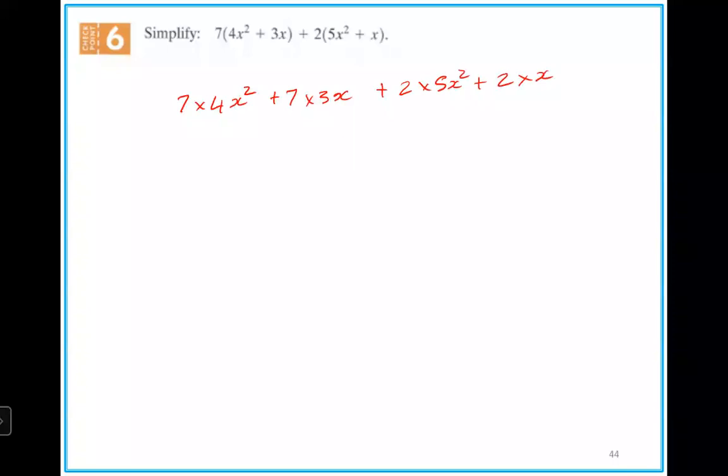Okay, so let's now do the multiplications. 28x squared plus 21x plus 10x squared plus 2x.